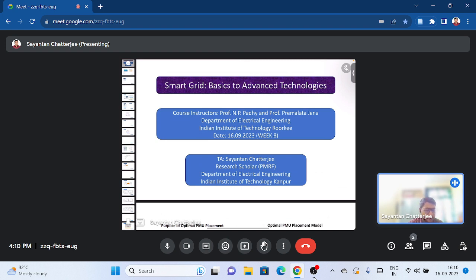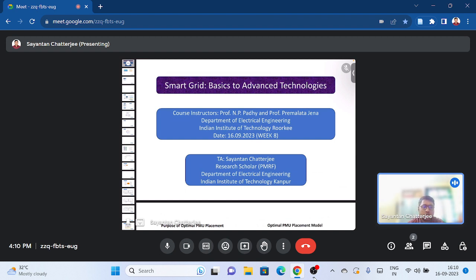In the present architecture of modern-day smart grids, these PMUs play a very vital role, and that is the main need of using PMUs in the smart grid context. Since these devices are very costly, their utility can't be exploited on a larger scale.